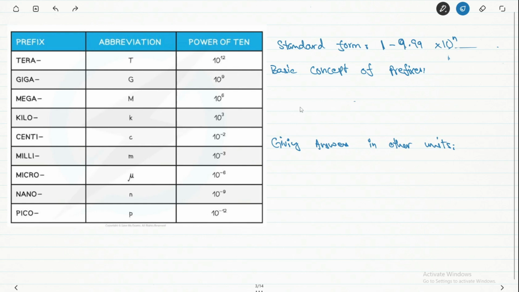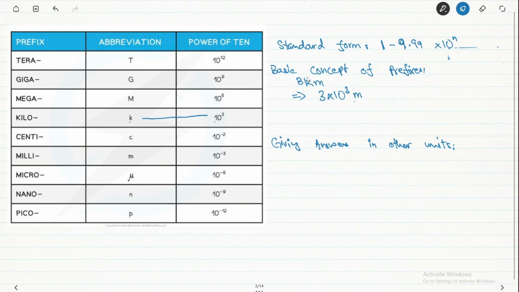So let's just go through the basic concept. For example, now we have a value 3 kilometers. What this means is, how many meters would this be? Now, kilo is 10 raised to the power of 3. So it is 10 raised to the power of 3 meters.